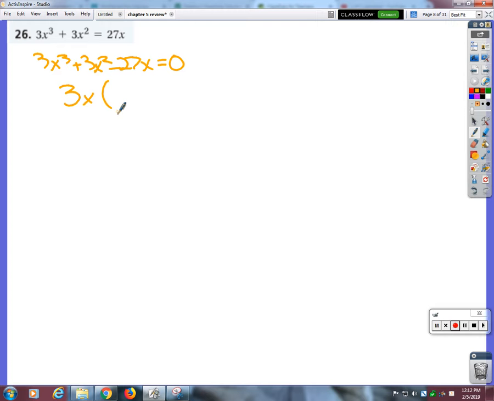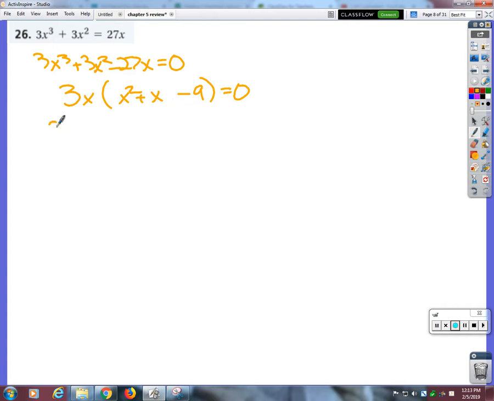What am I left with when I factor 3x out of 3x cubed? Nice. What am I left with when I factor 3x out of 3x squared? I need the middle, though, too. Good. All right. And then this one, it turns out, does not factor. There are not two numbers that multiply together to be negative 9 and add to be positive 1. So we don't leave it.